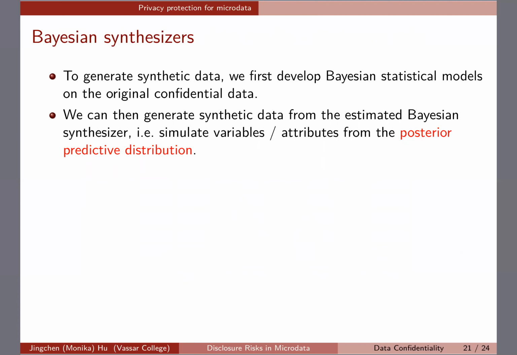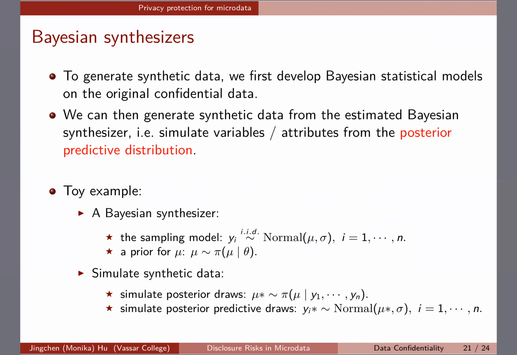And then once you have your model estimated, you can generate synthetic data from the estimated synthesizer, from the posterior predictive distribution. So let's just look at a toy example here. A Bayesian synthesizer, say if you have just univariate continuous data, like family income, for example. I just have a sequence of them, and I want to use a Bayesian method to synthesize this so we have less risk associated with each record.